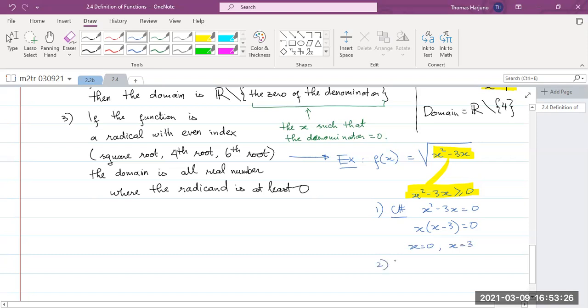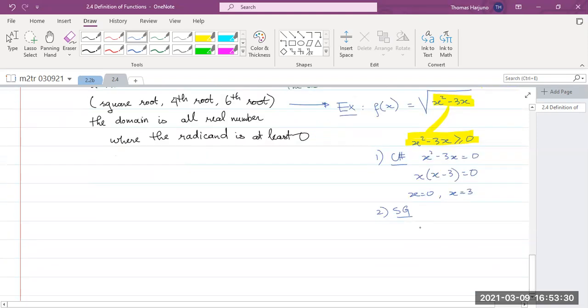And then step 2, you do the sign graph. We did this before. When x equals 0, the value is 0. When x equals 3, the value is 0. Let's do a testing point, when x equals 1, for example: we get 1 times (1 minus 3), positive times negative, so that's negative.